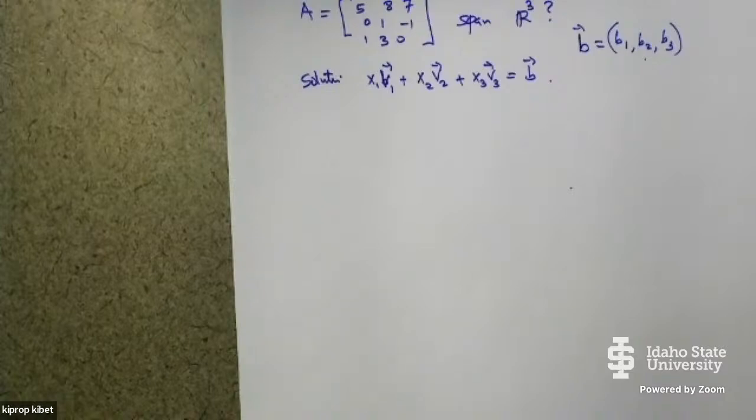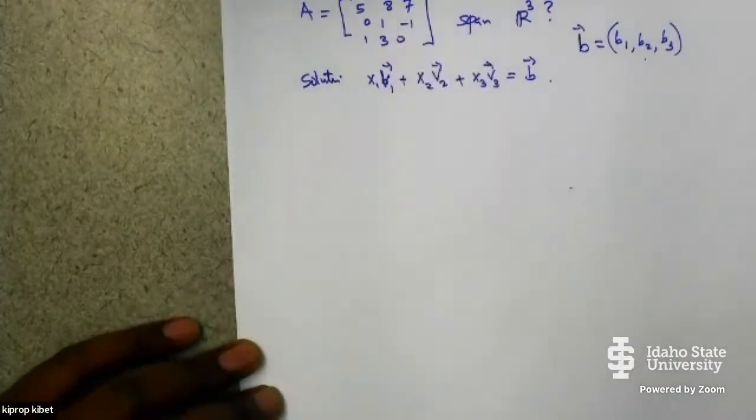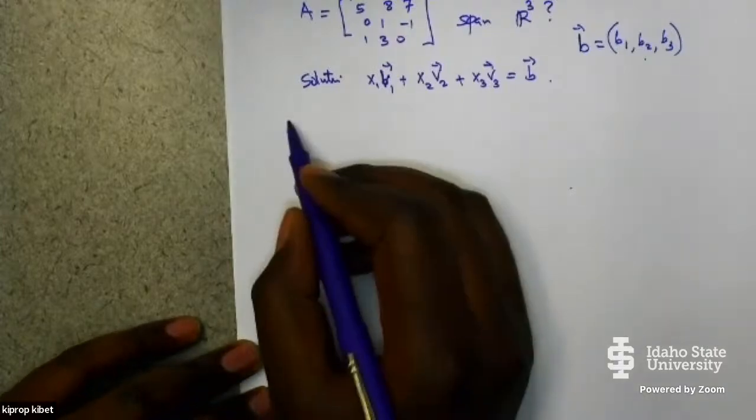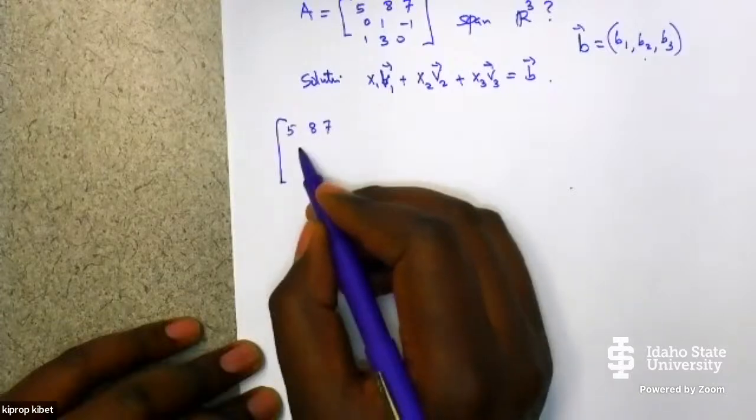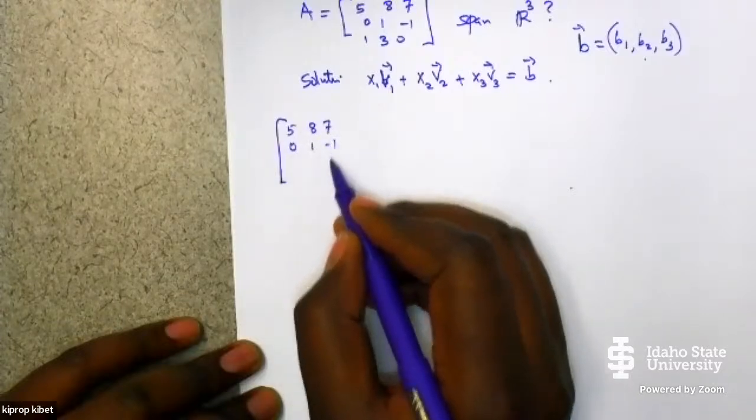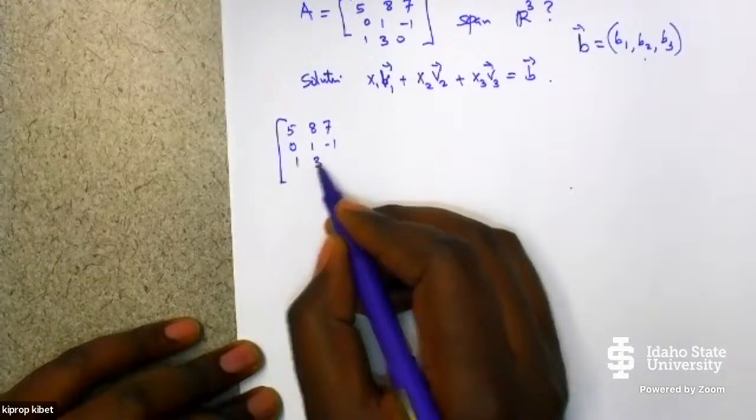So here, we write this in augmented matrix form and then we reduce it. So it is 5, 8, 7, 0, 1, -1, and then 1, 3, 0.